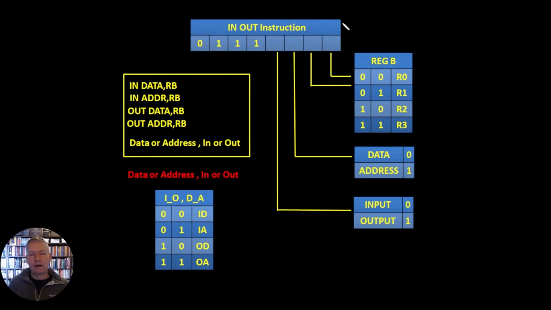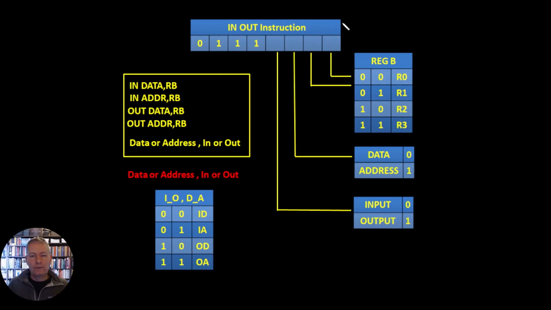So we would have to have an address for each of those devices. So for example, the keyboard could have address say 00000001, and a mouse could have an address 00000010. So that would be address number 1 and address number 2.